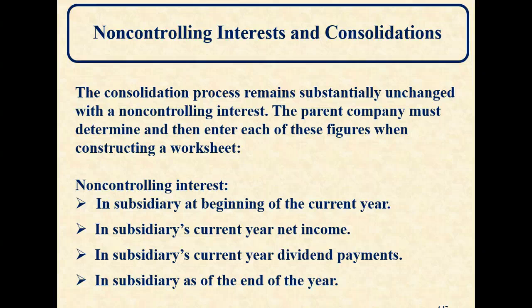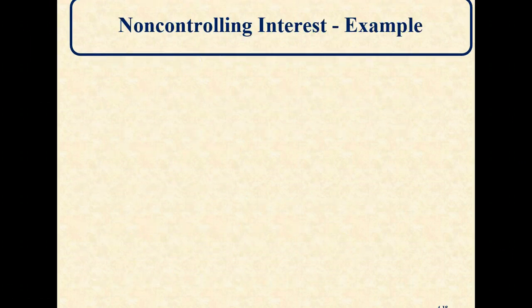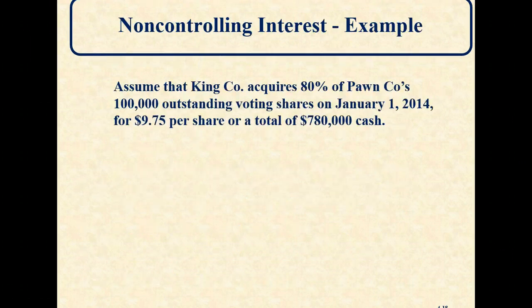What portion of the subsidiary's net income belongs to the non-controlling interest? We also need to look at dividends, and then the non-controlling interest at the end of the year. Those are the pieces we need to do in the worksheet so we can accurately create an appropriate consolidated financial statement.